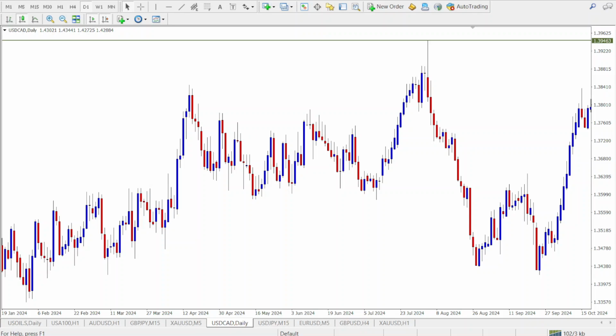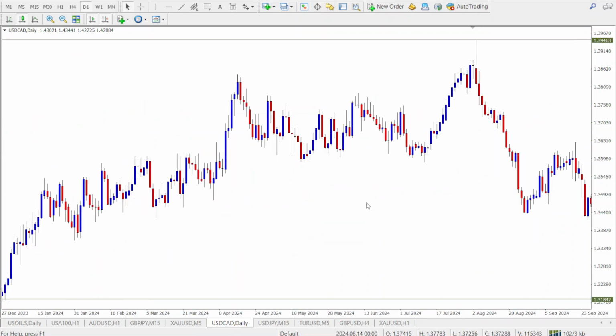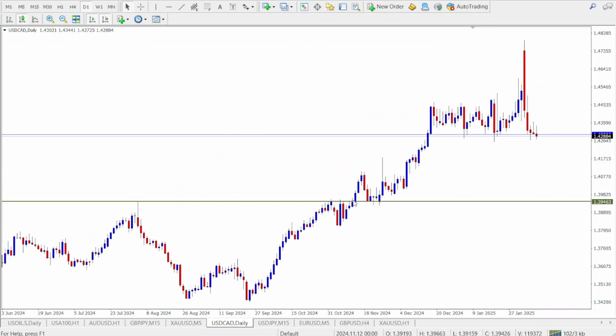So why do swing highs and lows matter so much? Here's the deal, right? These points are the building blocks of trends. An uptrend is characterized by a series of higher swing highs and higher swing lows.